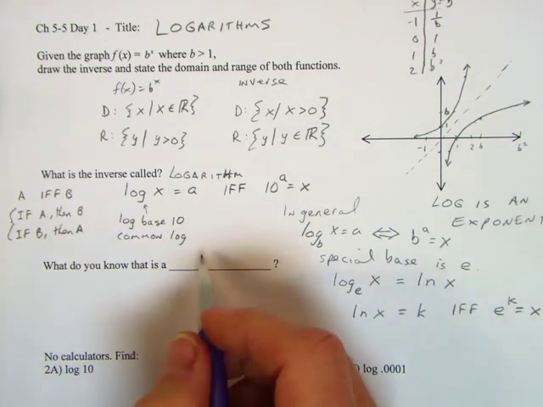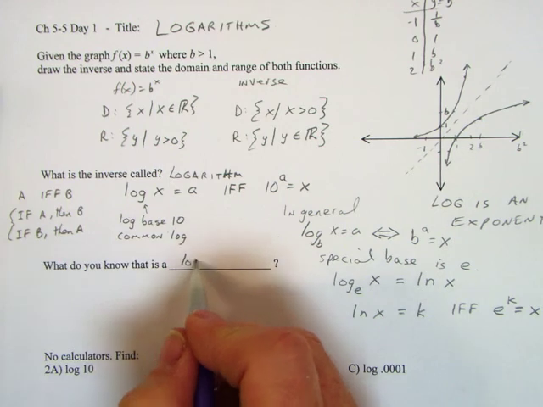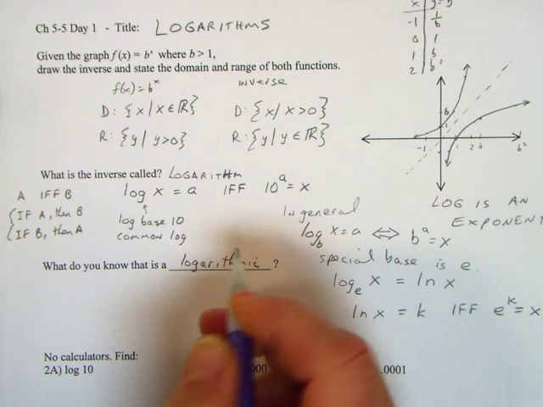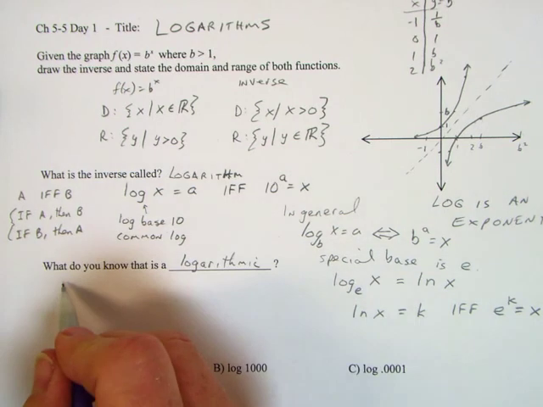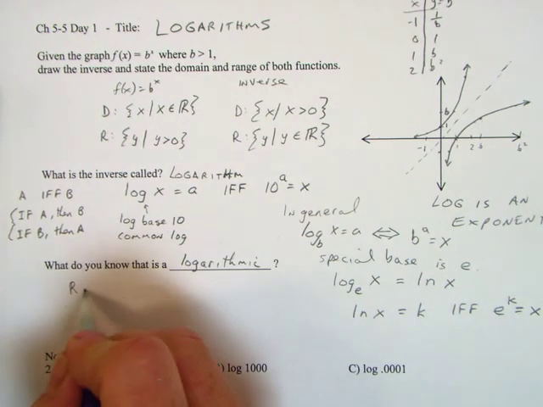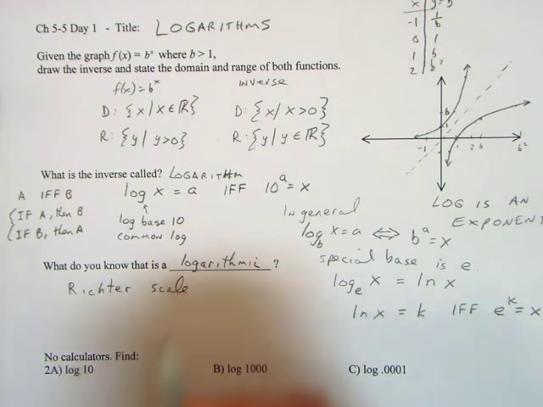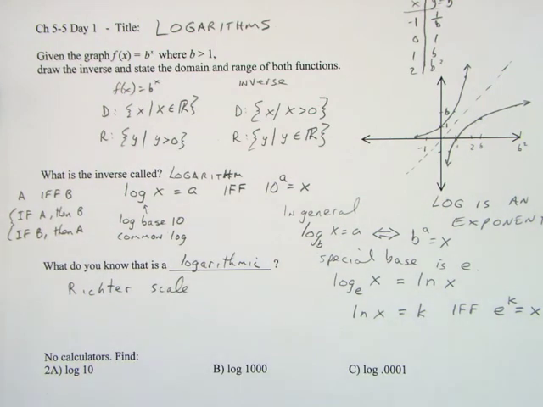What do you know that is logarithmic? Well, one thing we should all know in California is the Richter scale. When we say there's an earthquake of magnitude 6 or earthquake of magnitude 7, you'll always hear that a magnitude 7 is 10 times stronger than a magnitude 6.